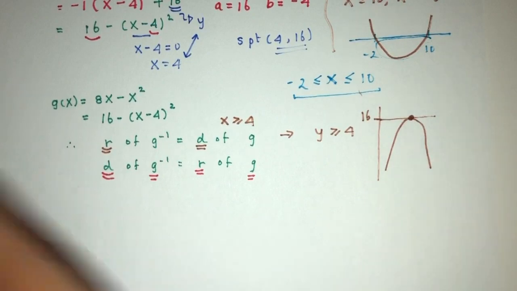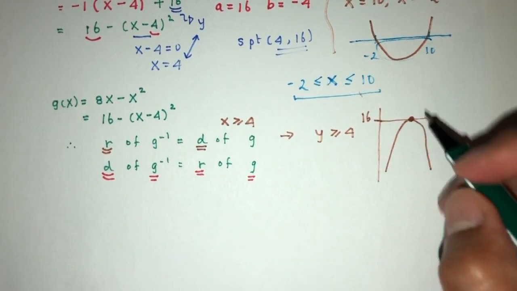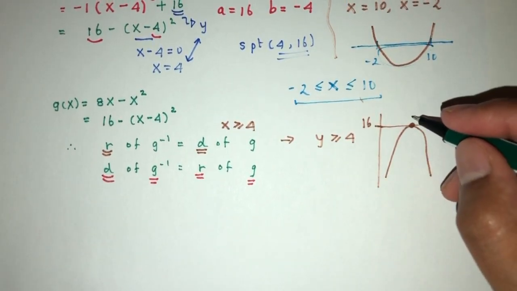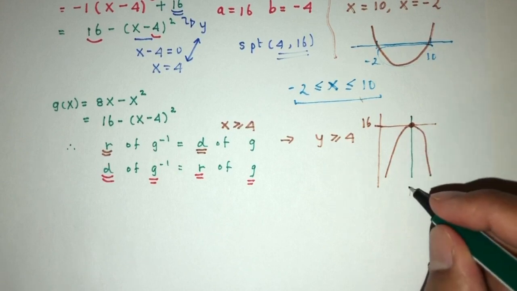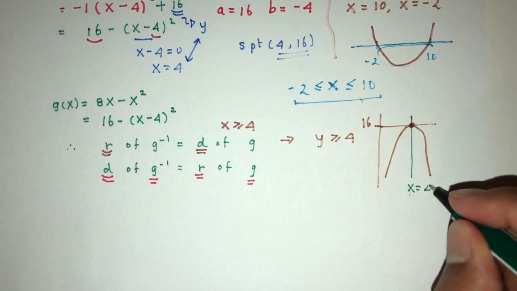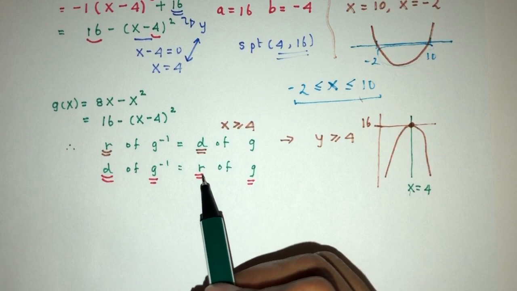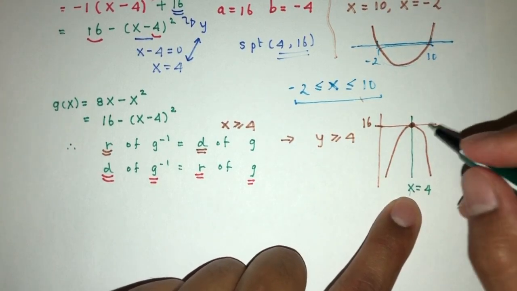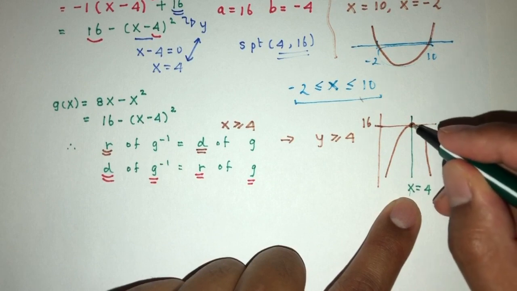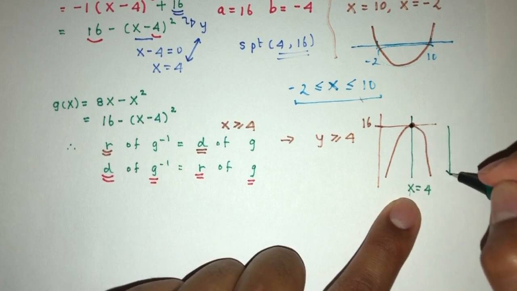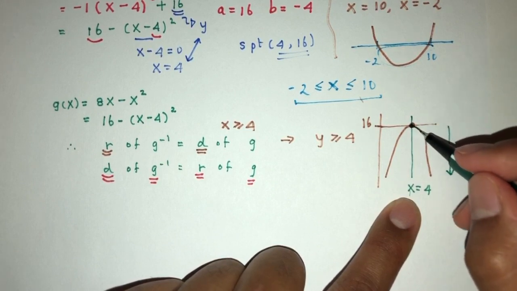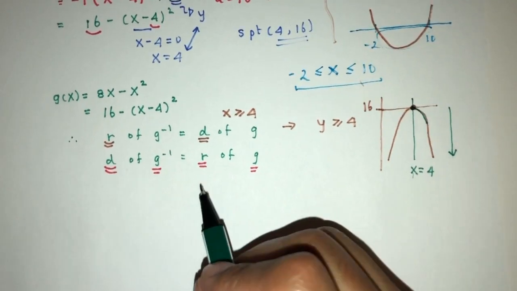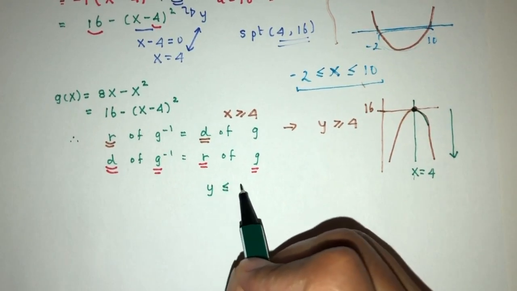So we realize that this value occurs when obviously x equals 4, but the range is only the y values. So what are the y values of g? As you can see, g can be anything equal to 16 and less, right? It can be from this point and going down. So the range of g is y is less than or equal to 16.